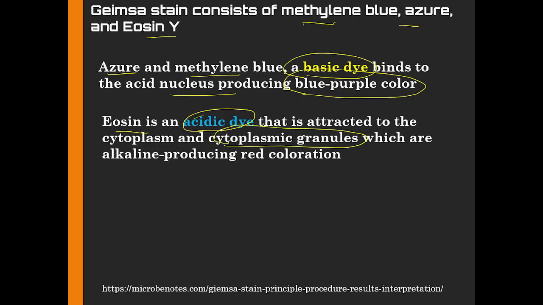In this way one can differentiate between different cell types. In part 1 of this lecture, I will focus on how one can stain blood cell types, and in my part 2 lecture I will talk about how this stain can be used for chromosome staining.